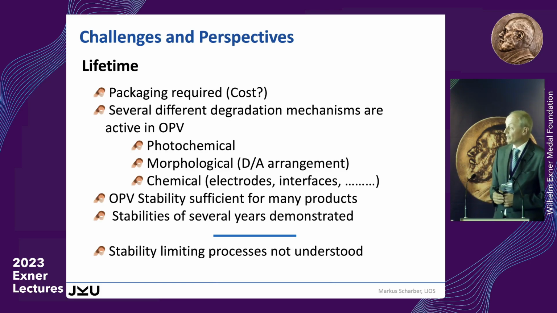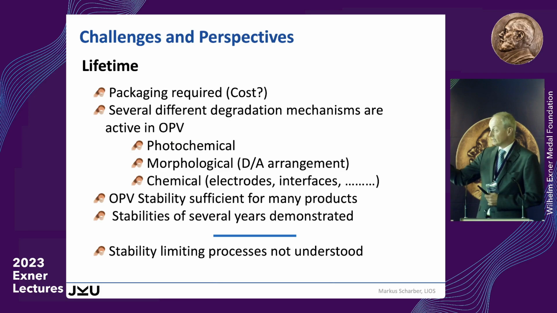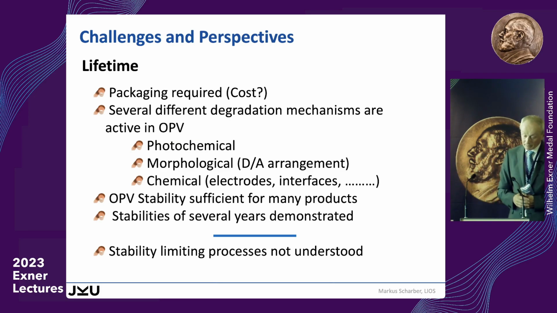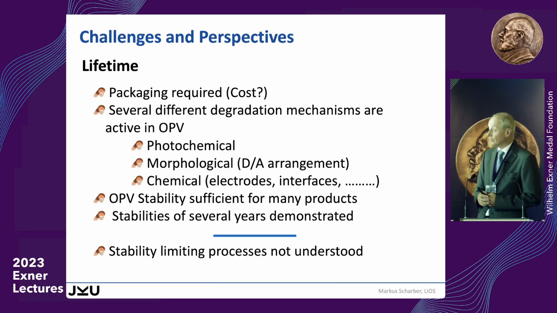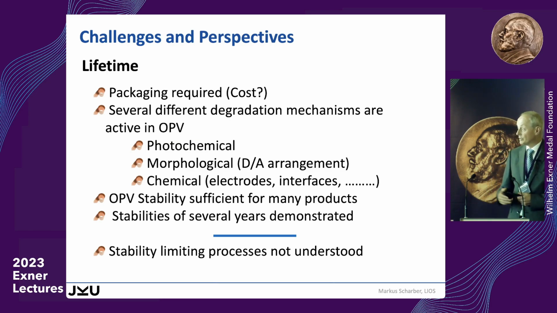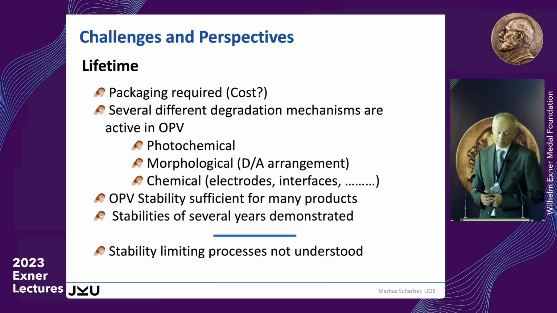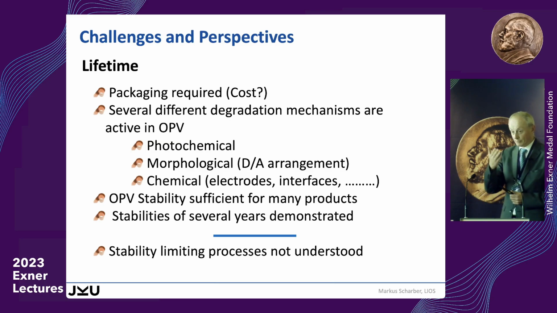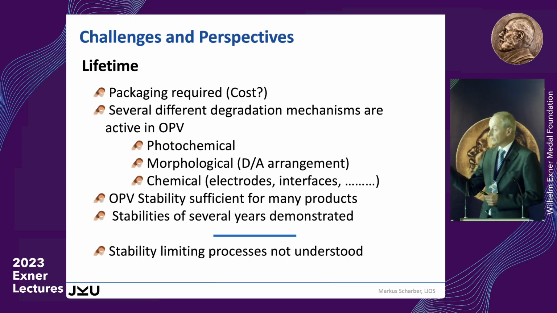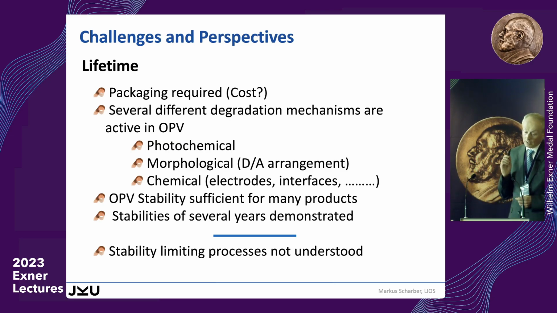We also know that there are different degradation mechanisms active at the moment in OPV, and there is a long list. I just put a few of them, which simply means we understand what is going on. So we can find countermeasures to avoid, for example, photochemical degradation. The other part is, and we have seen some pictures in the morning already related to applications, the OPV stability is sufficient for many products.